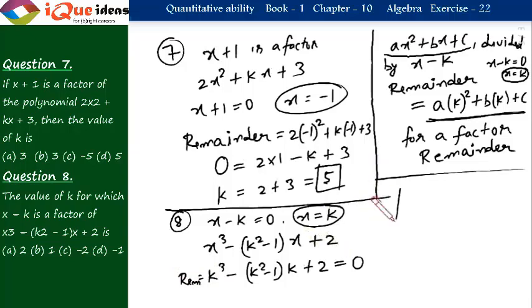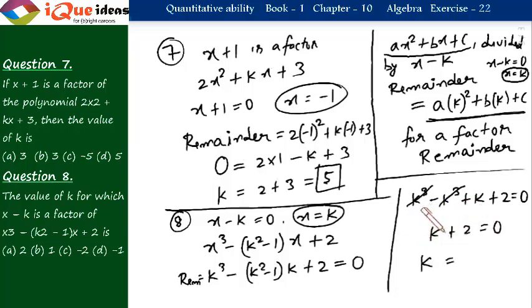Now if you open the bracket, you will get k cube minus k cube plus k plus 2. Be careful about the sign, equal to 0. So k cube and k cube get cancelled. We will have k plus 2 equal to 0. So the required value of k is minus 2. Alright. So in this question, the value of k is minus 2.